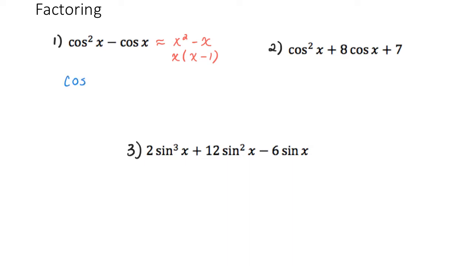Cosine times cosine gives me cosine squared of x, and cosine times a negative 1 gives me a negative cosine of x. So here I have factored the original expression, and you can distribute back to check your work. See if you can try number 2 on your own.